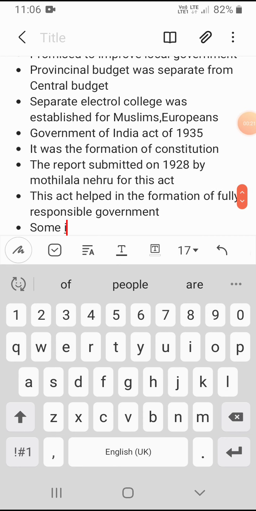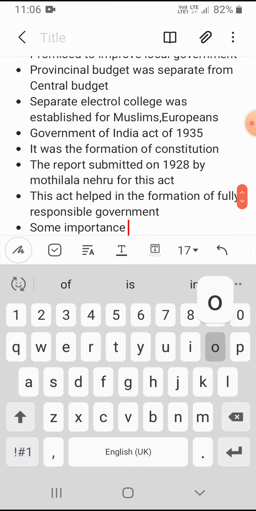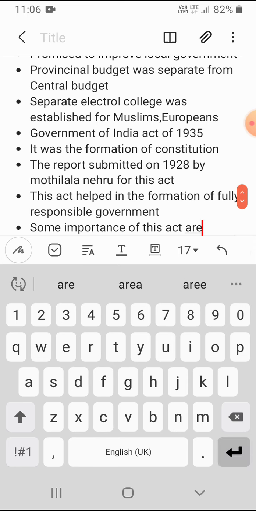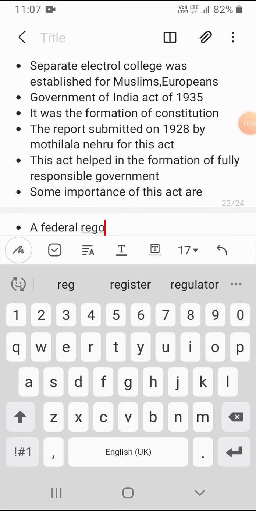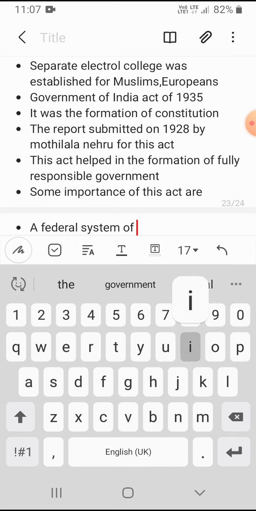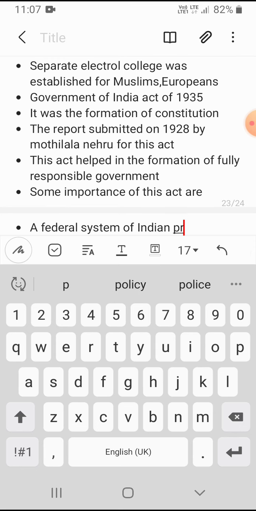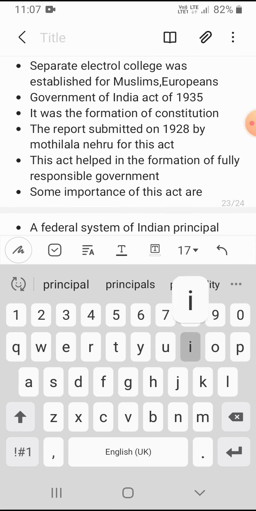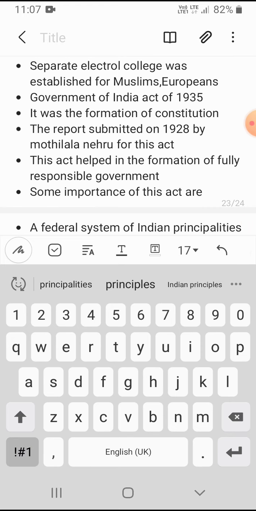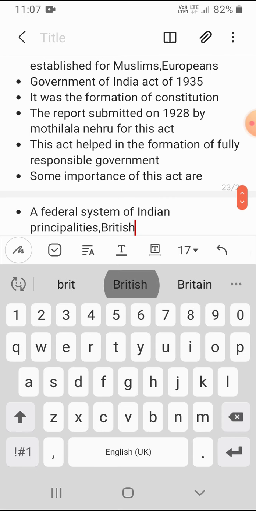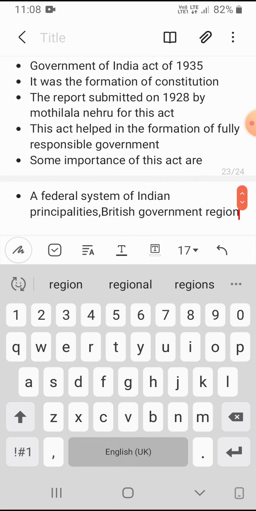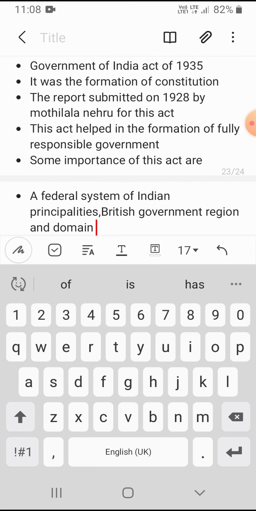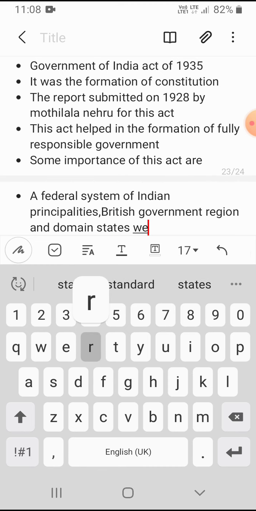Some importance of this act: a federal system of Indian principalities and British government regions, and dominion states were formed in this act.